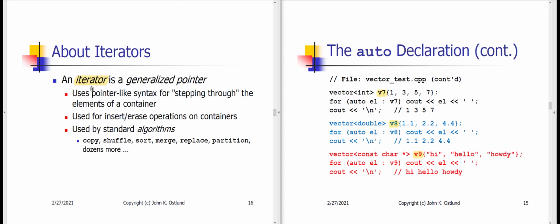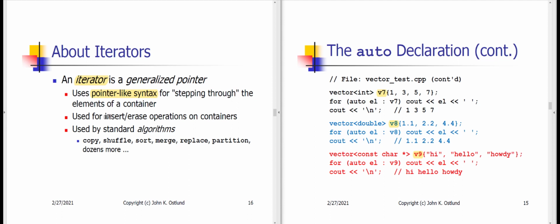Basically, the idea of an iterator is to give you a familiar syntax that is a pointer-like syntax for stepping through the elements of a container. You're always allowed to step forward through the elements of a container. Some containers allow you also to step backwards, which is like decrementing a pointer.